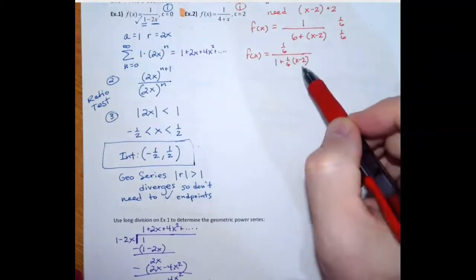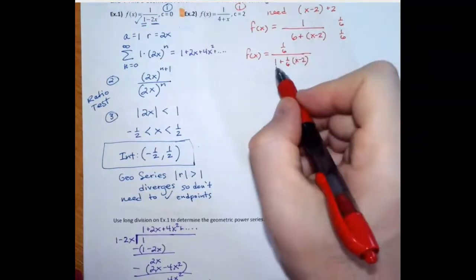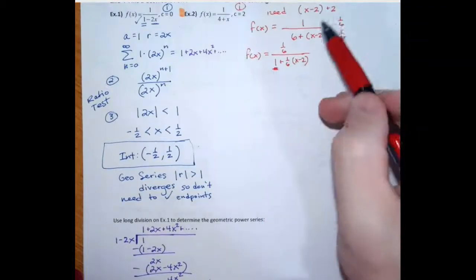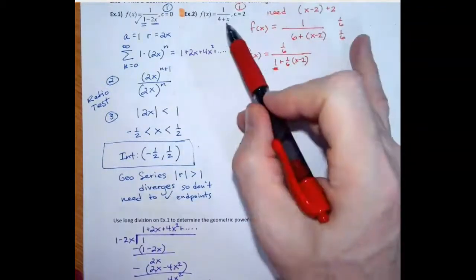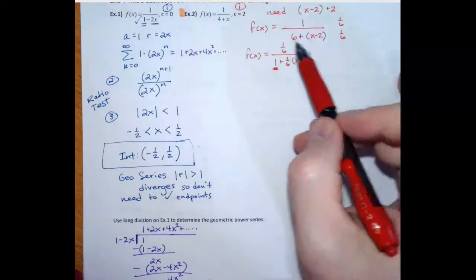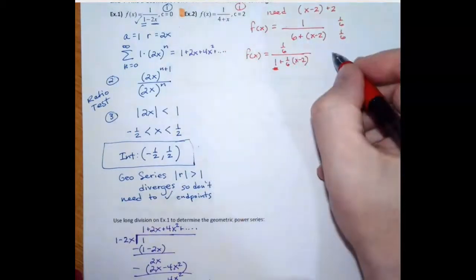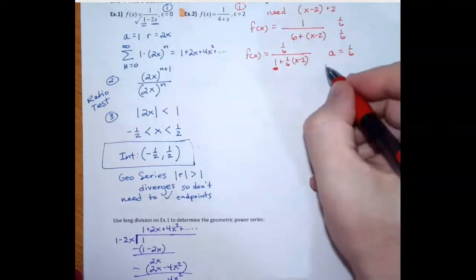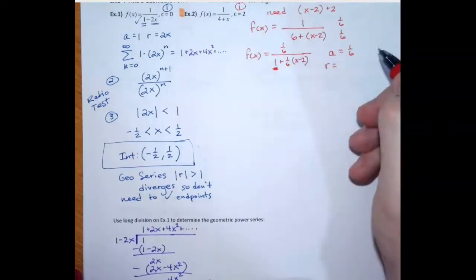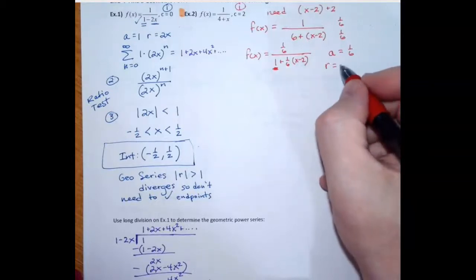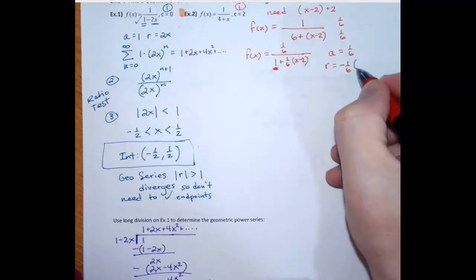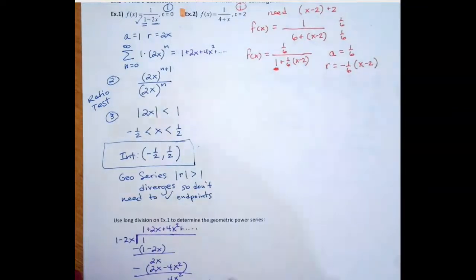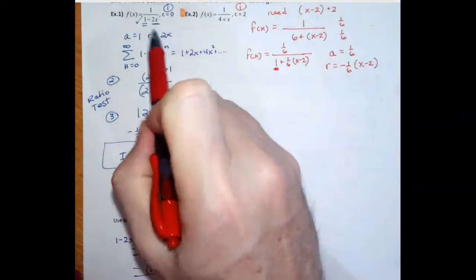So the purpose of all of that was to get a 1 right here. So we had to make an adjustment here, and then that made us make an adjustment there also. So a is the numerator, so a is 1/6, and r is the opposite of that. So that's going to be negative 1/6 x minus 2. Just like r here was the opposite of that.